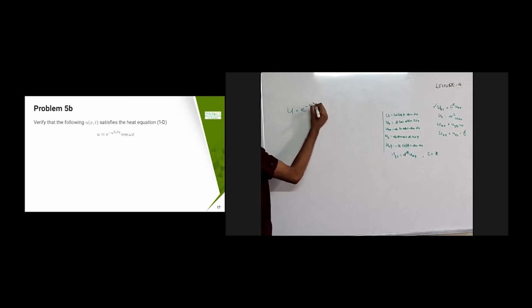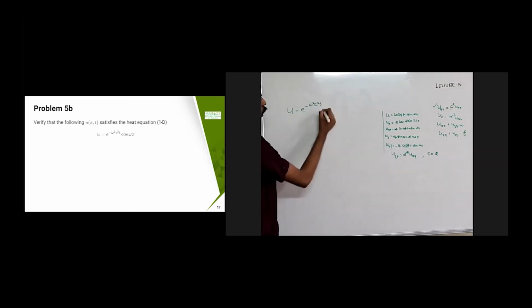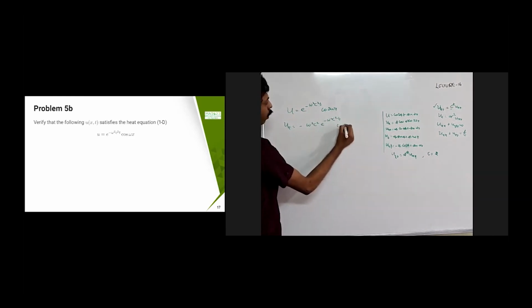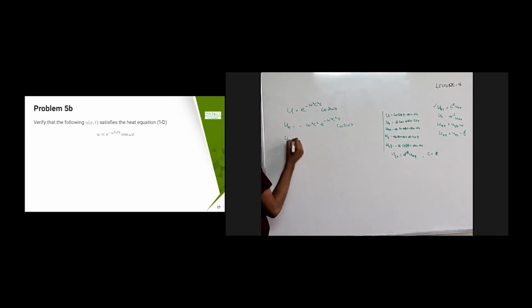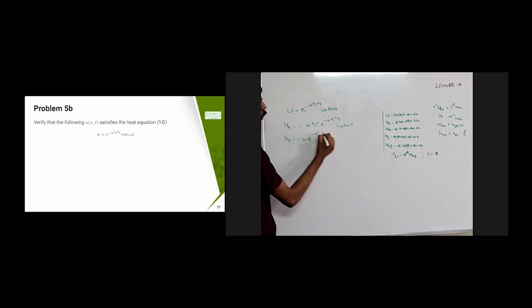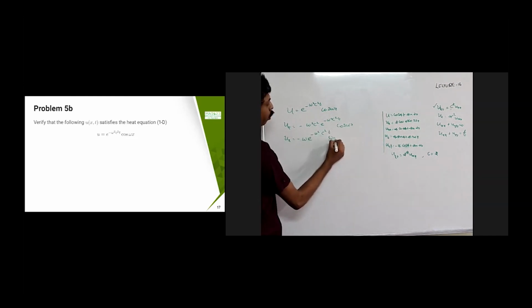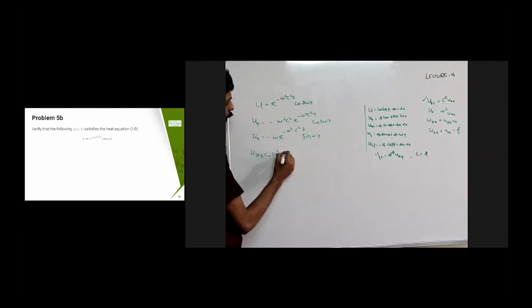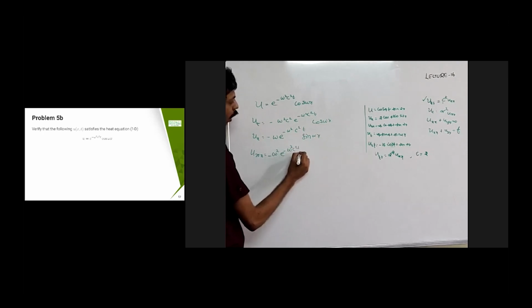e power minus omega square c square t into cos omega x. So ut is going to be minus omega square c square e power minus omega square c square t cos omega x. ux is going to become minus omega into e power minus omega square c square t sin omega x. uxx is going to become minus omega square e power minus omega square c square t cos omega x.